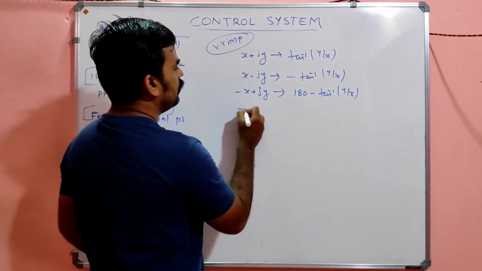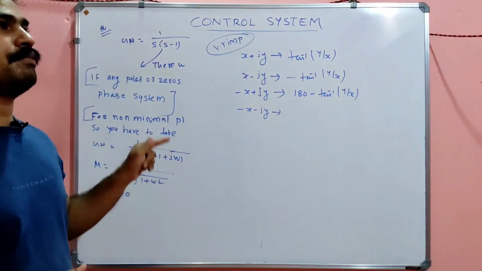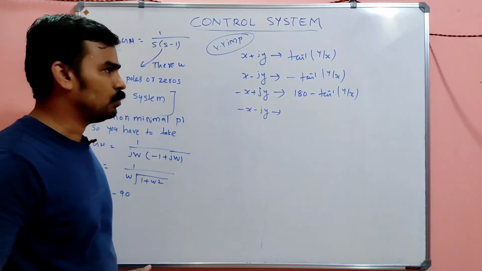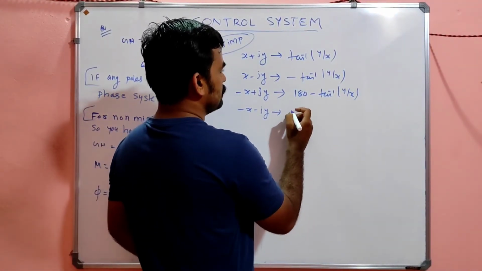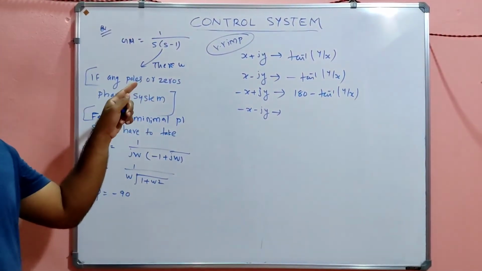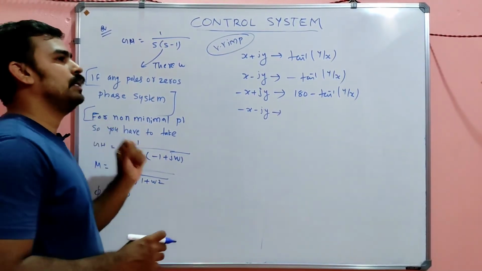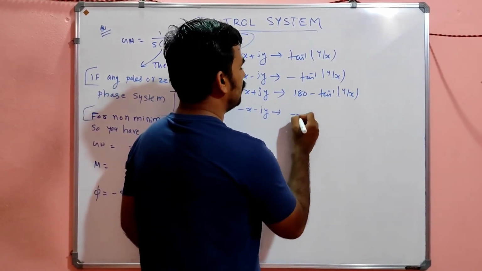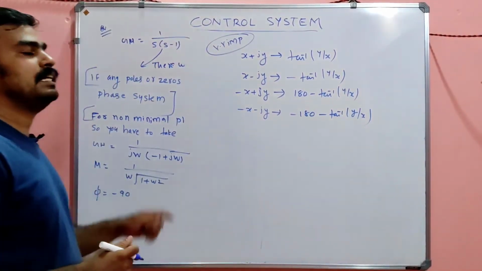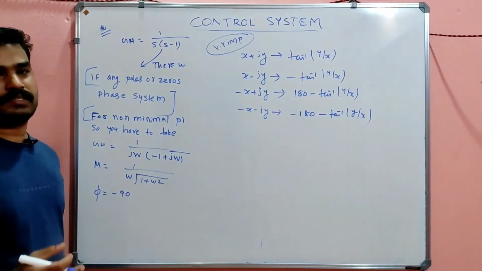If it is in minus x minus jy format, the angle will be minus 180 plus tan inverse y by x.